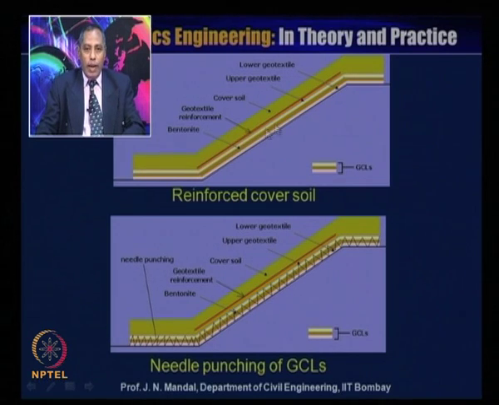So what will happen if we provide multiple layers of geosynthetic reinforcement, there is a possibility to induce shear stresses through this system. So this is the challenge at each of the interface layers in this cross section.